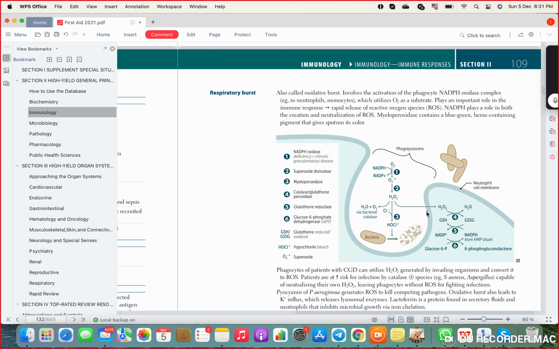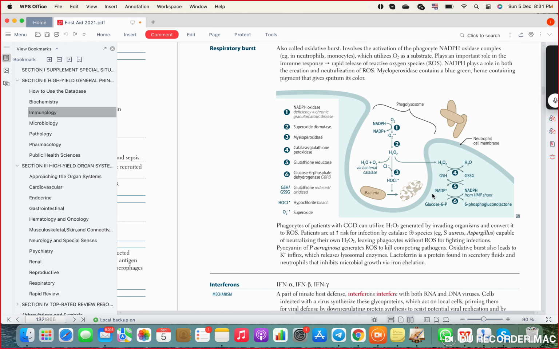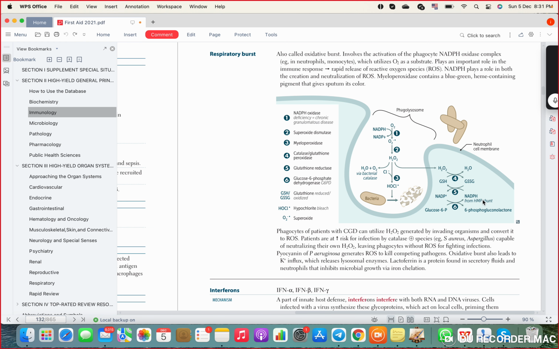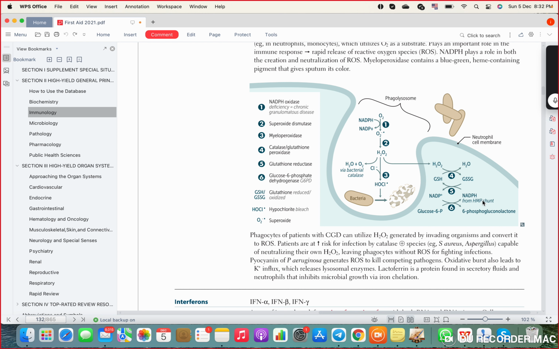Really good. Okay. If we have a deficiency of G6PD, which drug can we not take? All these sulfa drugs.